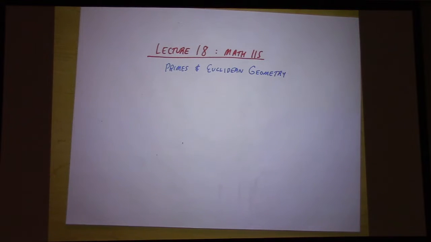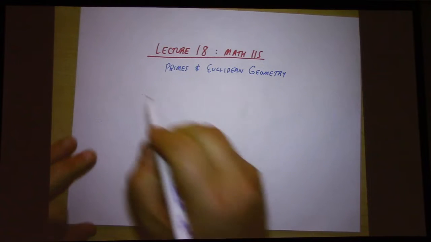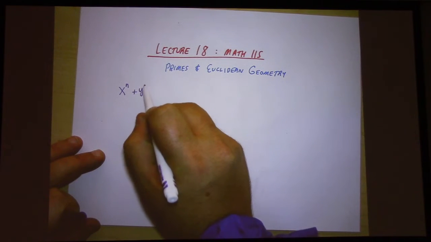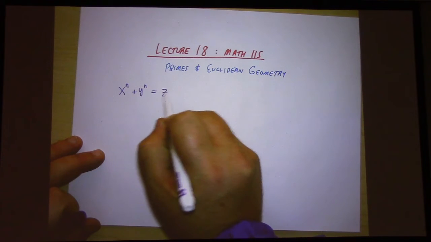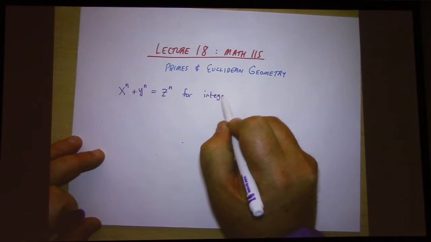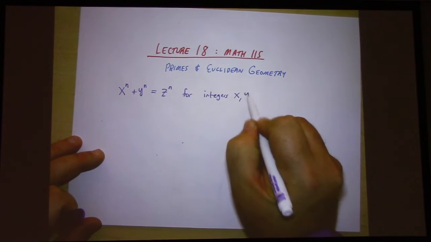So one of the things your book talks about, and we can talk a little bit about, is this problem: x to the n plus y to the n equals z to the n, for integers x, y, and z.